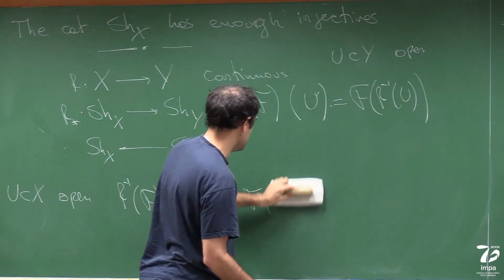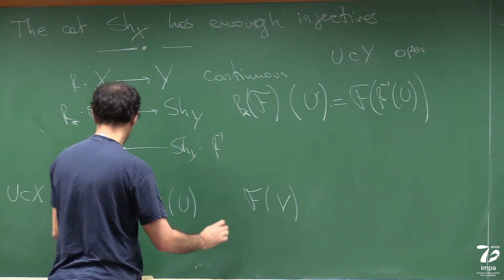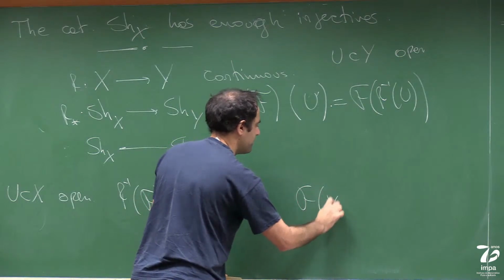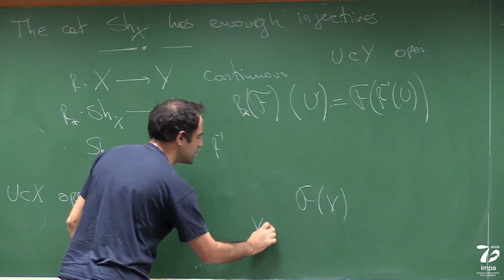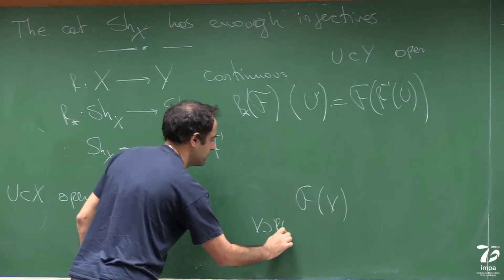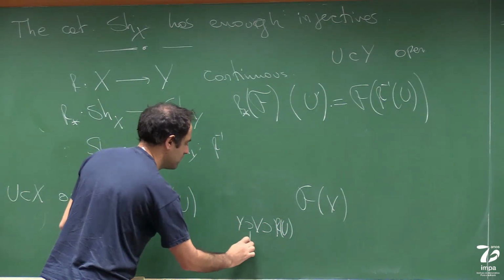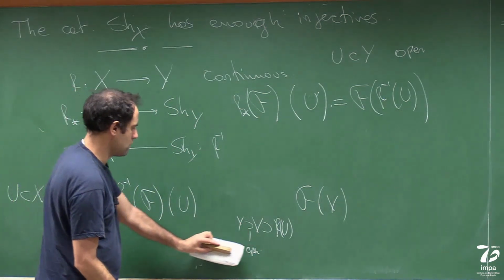But what I can do is take F of V for some open V. And what is the condition on the open V? It should contain f of U and be open in Y. I'm sorry, yes, that's correct.